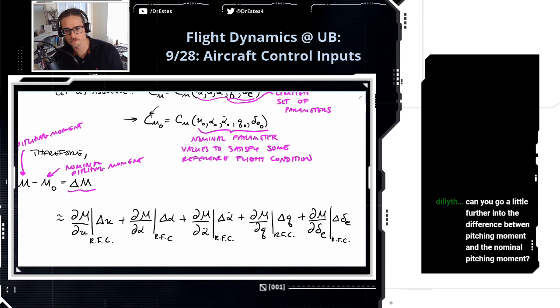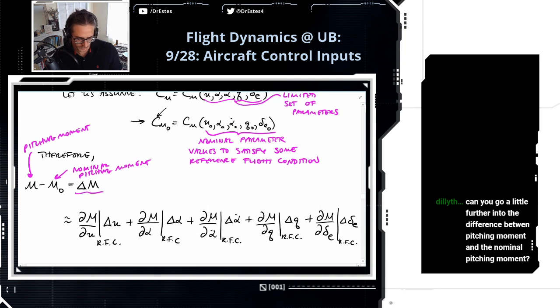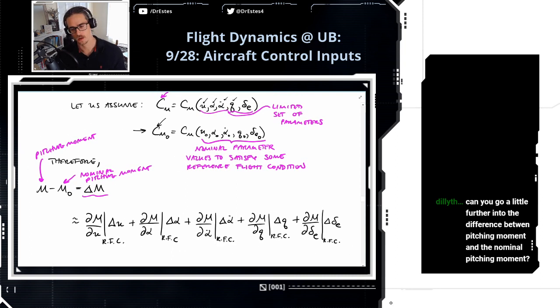Can you go a little further into the difference between pitching moment and the nominal pitching moment? Sure. So let's say it all starts with a reference flight condition. So let's say that I make up a reference flight condition that is, we're going to descend towards a landing, right? And we're going to do it at constant velocity.